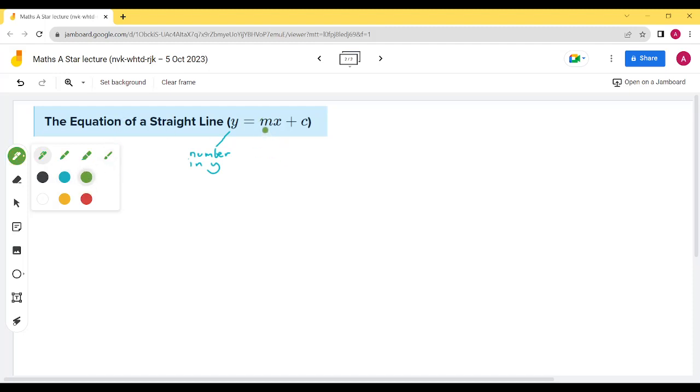The m we'll come back to, so we'll put in the x here, which is just number in x. So what number y is or what number x is. So these will always just be replaced by numbers in the context of this. The other two will always stay the same.